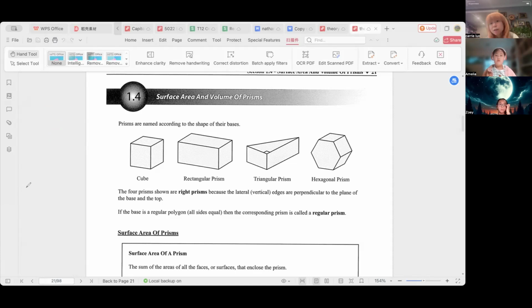So the geometry is no more flat, right? It is pop-up. You can see the different angles, they have different shapes. So let's take a look at this one. We have cube, rectangular prism, triangular prism, and hexagon prism. And they're all called different prisms.